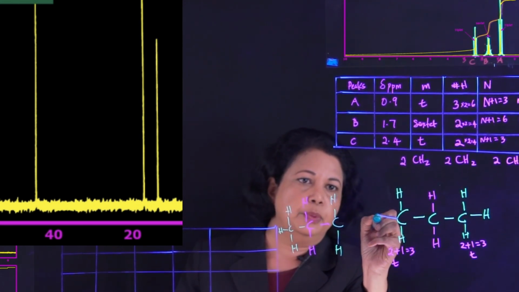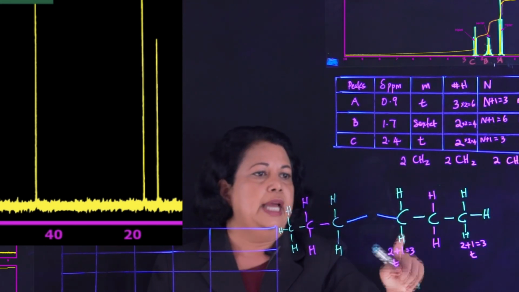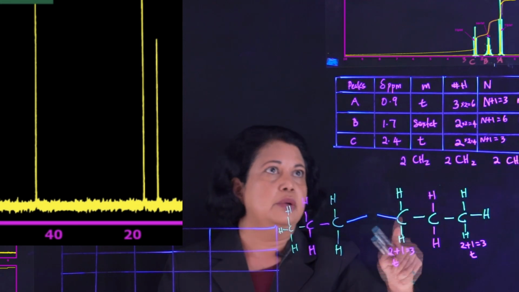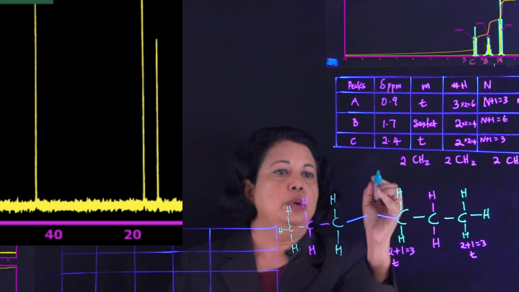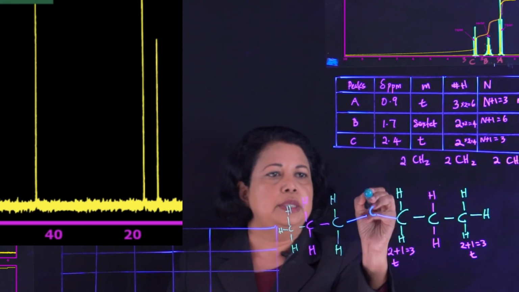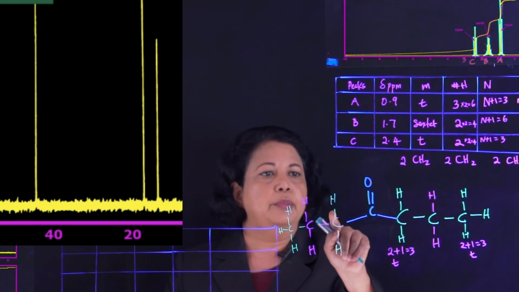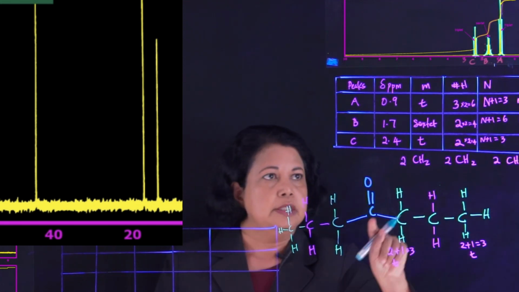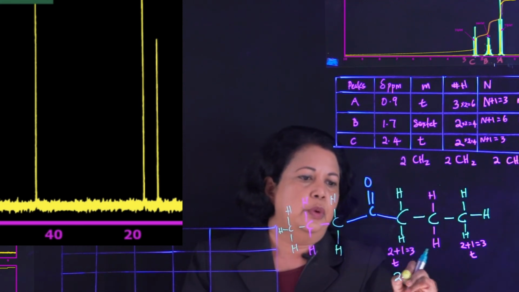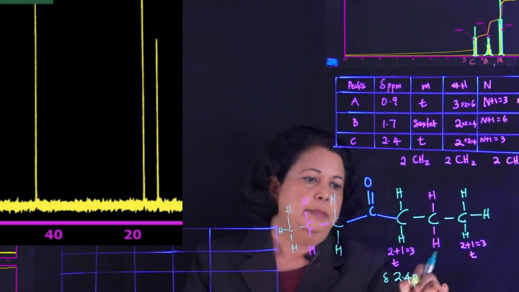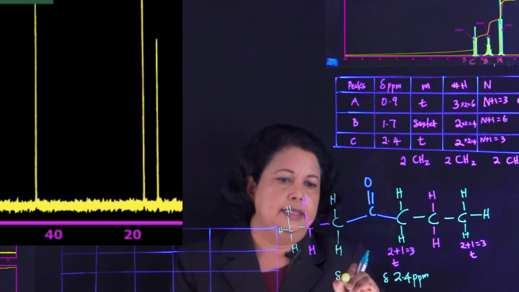Obviously, we cannot put the oxygen here because then you would have a delta for this close to 4, and we have nothing like that. We have 2.4, and that's around 2 is typically what your delta would be if you are a neighbor of a carbonyl. So this is going to be your d-shielded 2.4 delta ppm hydrogens, this and this.